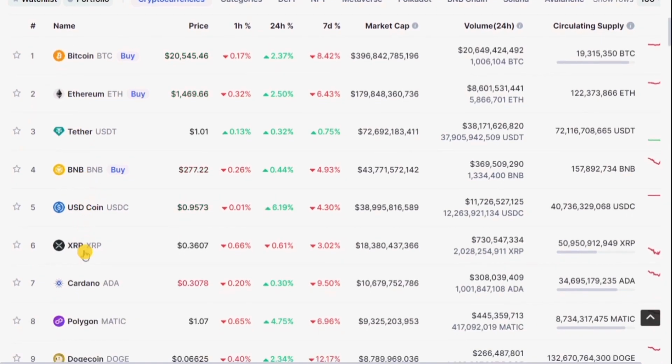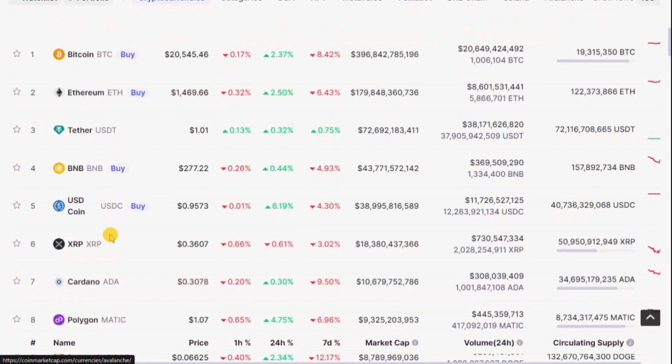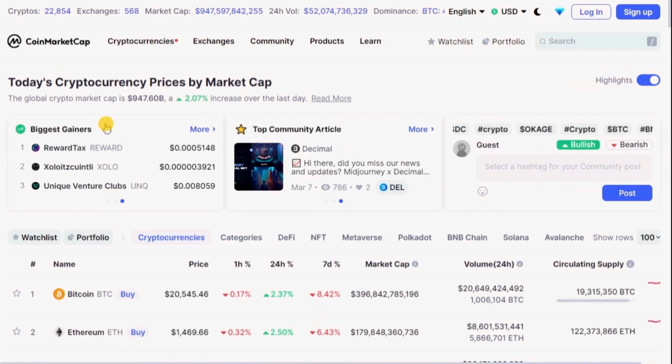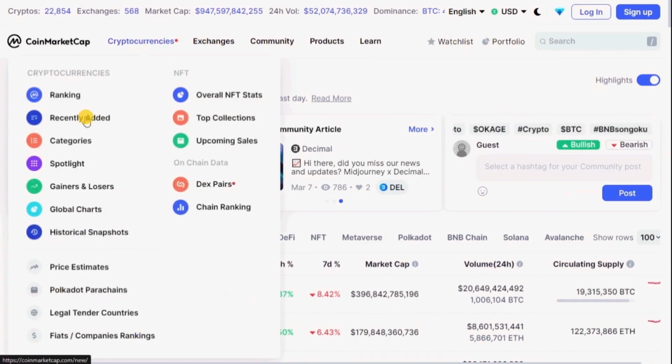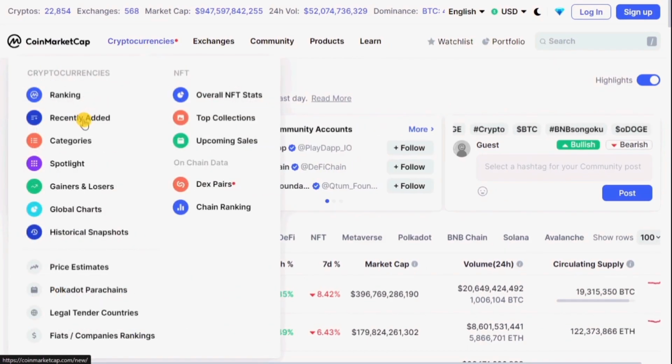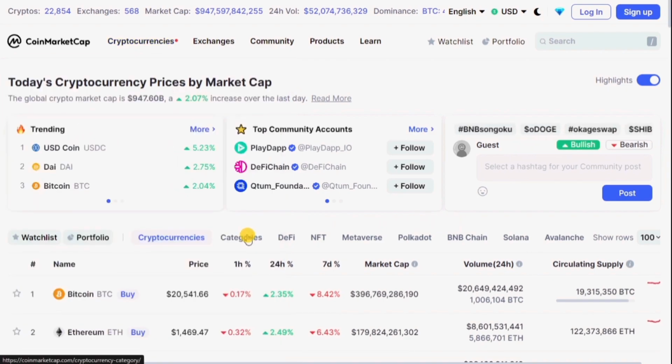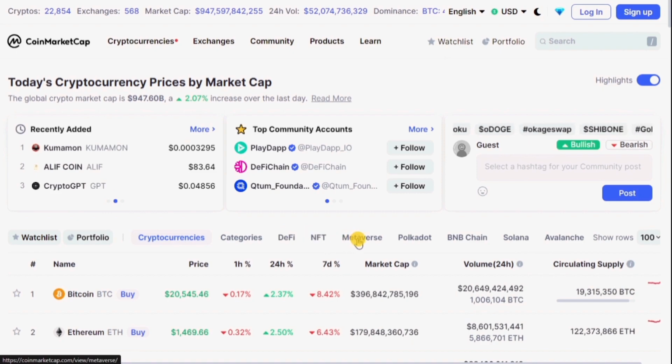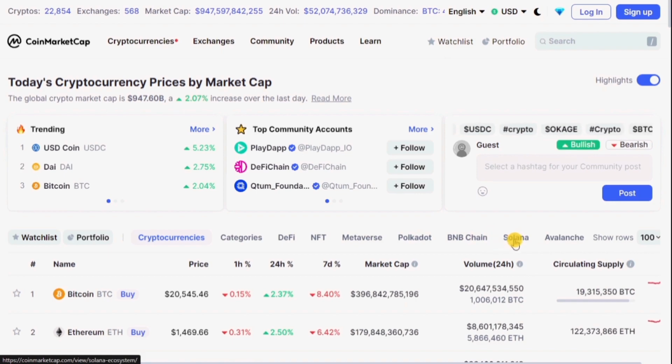Then we have the recently added tab: what are the newest cryptocurrencies on the market? Categories, so you can categorize them in different categories. As you can see, you have DeFi, the short form for decentralized finance. We have NFT, Metaverse, Polkadot, BNB Chain, Solana, Avalanche, and the story goes on.